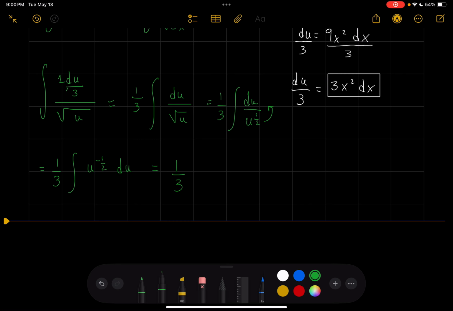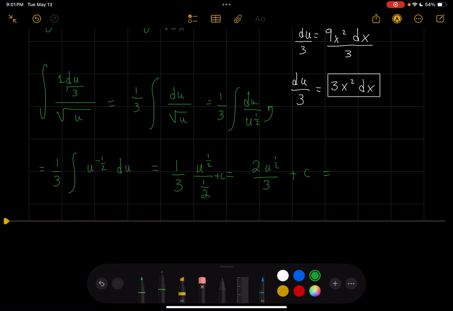So minus half plus 1 is going to be plus half, over half. Now anything divided by half is the same as multiplying by 2. Or in other words, the number down can go up. So then it will be 2 u to the power of half over 3. And let's not forget the plus c.